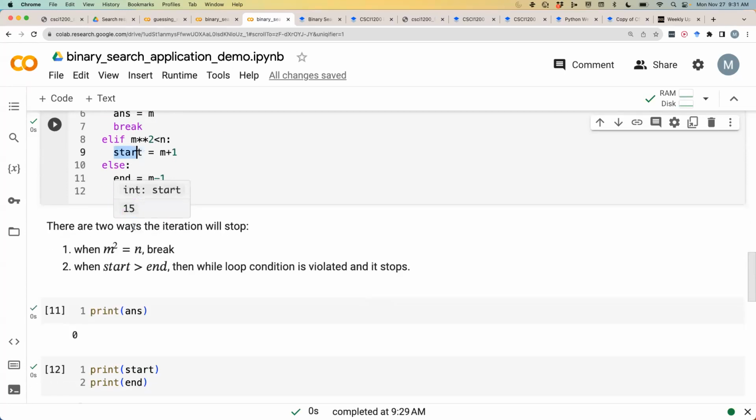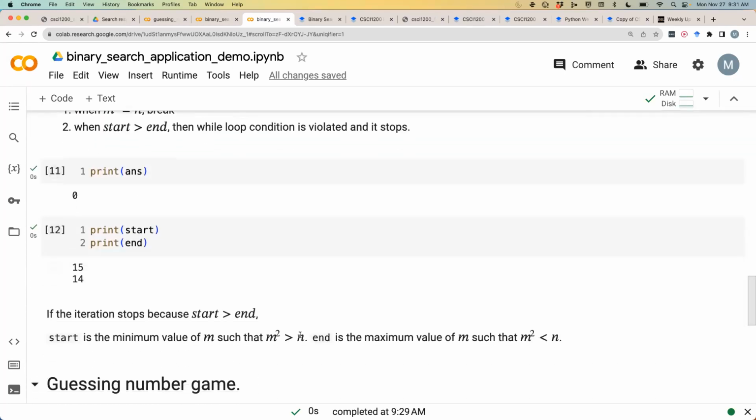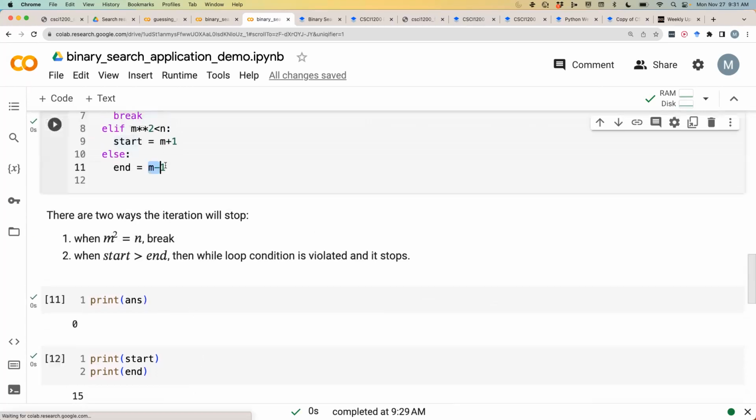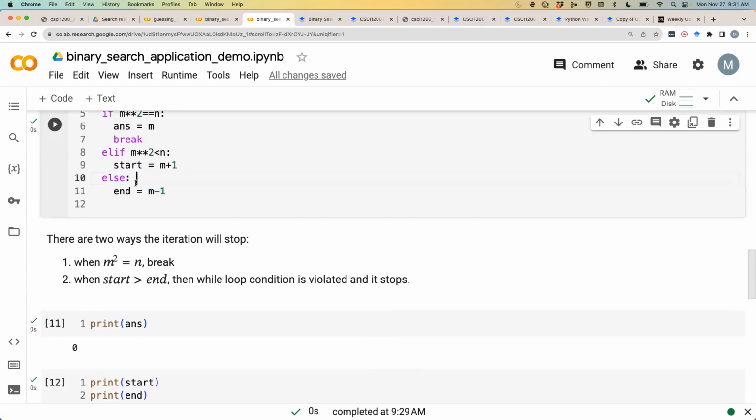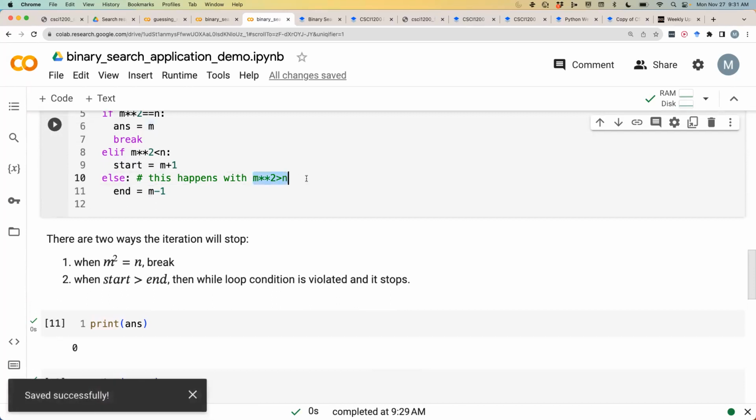And end is the maximum value for which it is less than n, because else only happens when m squared is greater than n, and you're going to end with m minus 1, so you move one step down.